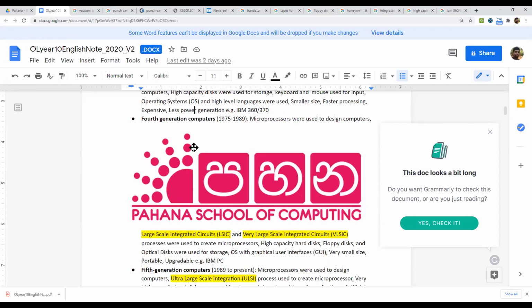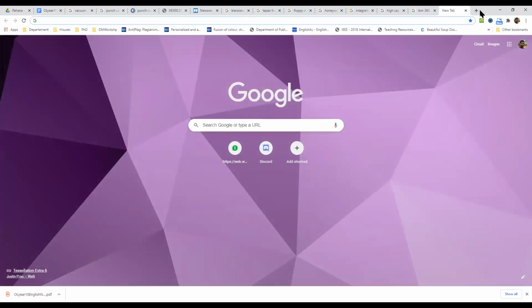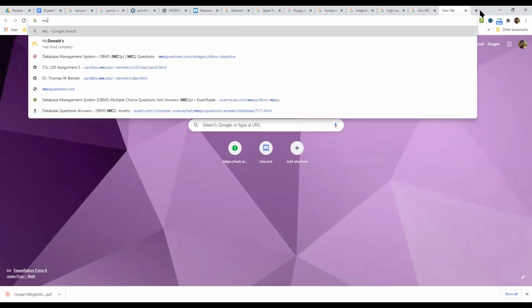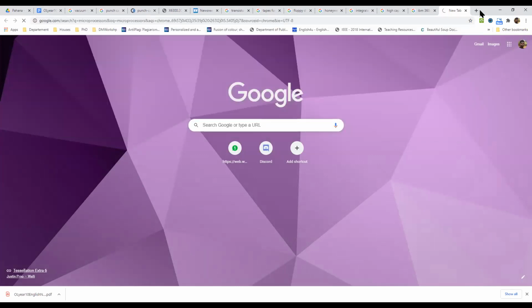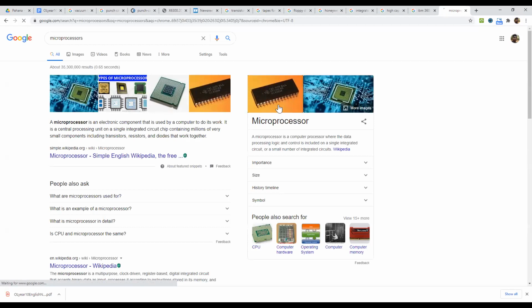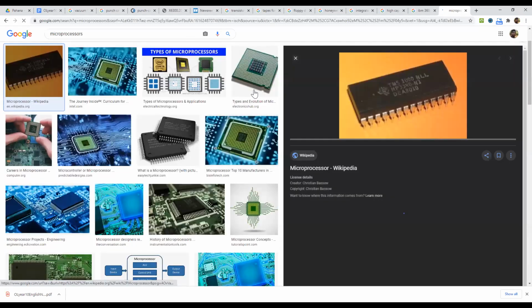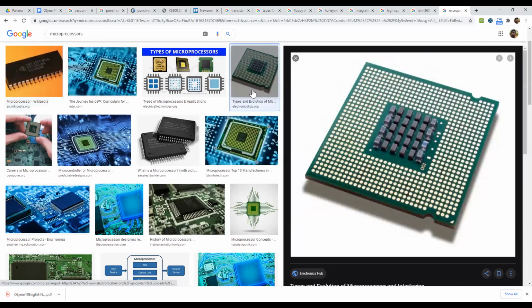And next we have fourth generation computers, between 1975 to 1989, right? Then we were using microprocessors. So you had 100,000 transistors you could put inside these ICs. Number of transistors compared to earlier was huge. You can put them inside the microprocessor.